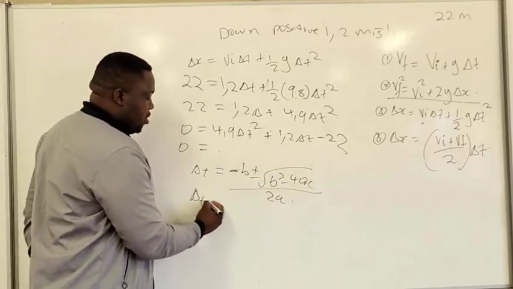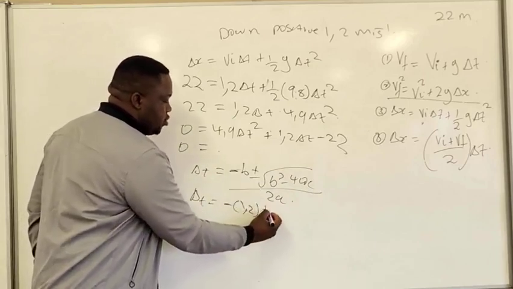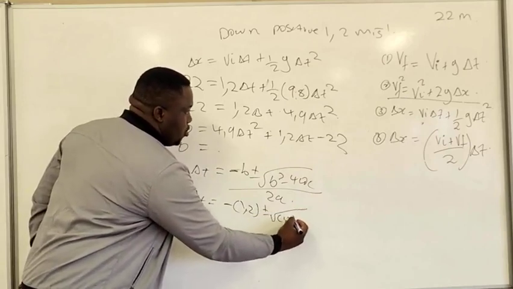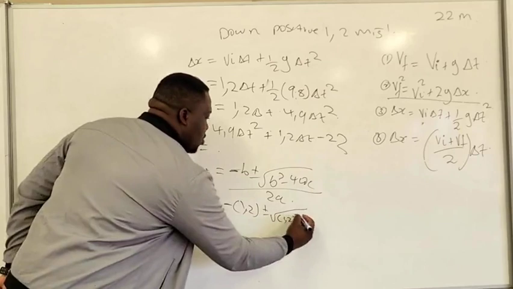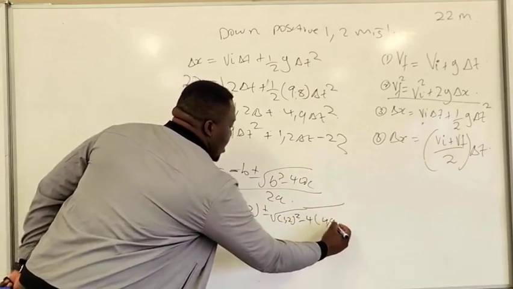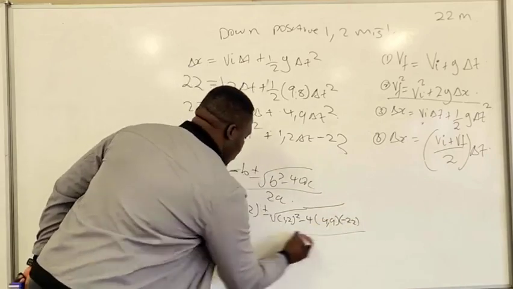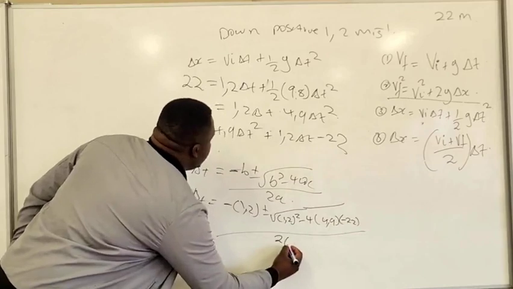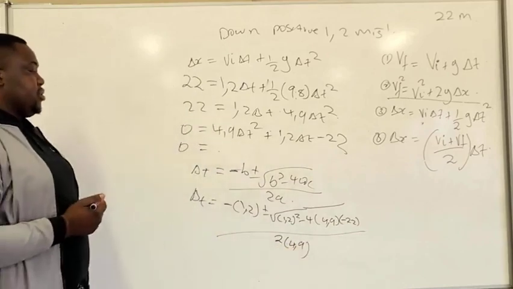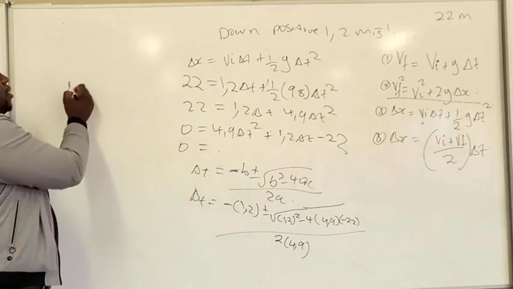So we're going to have negative b, which is 1.2, plus or minus the square root of 1.2 squared minus 4 times a, where a is 4.9, times c, which is minus 22, over 2a, which is 4.9. So here we are simply solving for change in time.